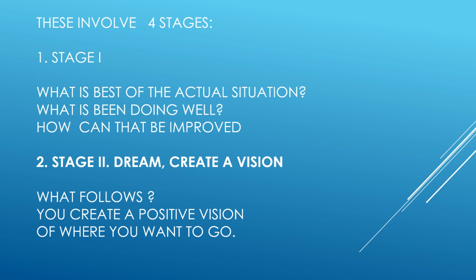You create a vision of how that can be improved, how that can go to the next level, and then you carry it out. It's like you create a positive vision on that.